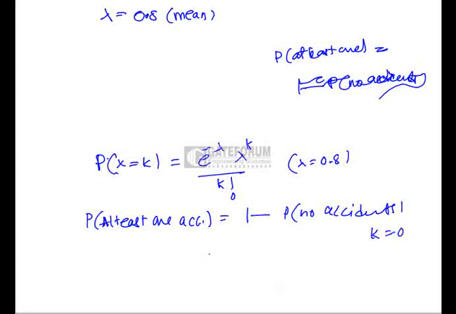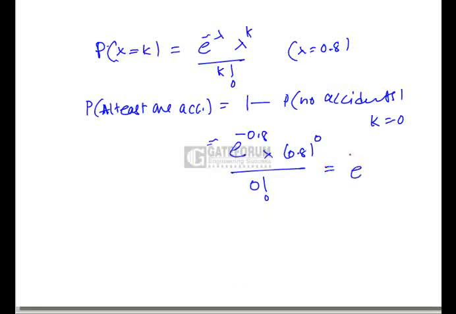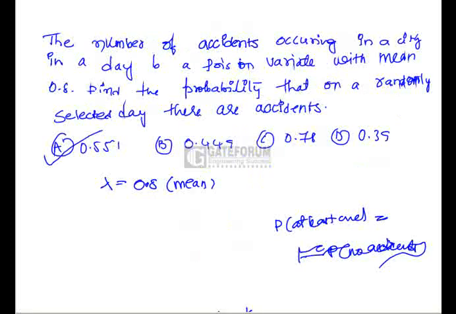Just substitute the values: e power minus 0.8 into 0.8 power 0 by 0 factorial, which is nothing but e power minus 0.8. So 1 minus e power minus 0.8. If we simplify this value, it will be 1 minus 0.449, which is equal to 0.551. Hence the required answer is option A.